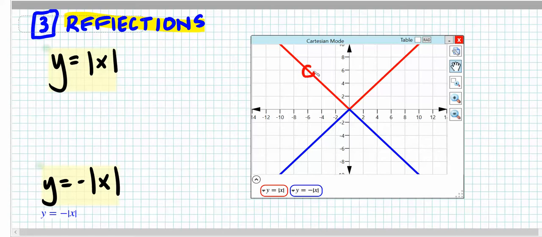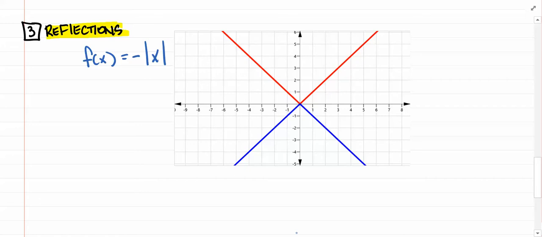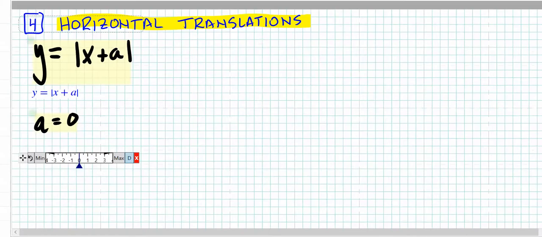So if I consider this point right here, -6, 6, it became -6, -6. So this is box number 3, and it's all about reflections. Every time you see the negative in front of your absolute value function, it's going to reflect it over the x-axis.